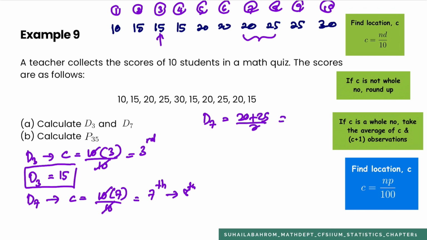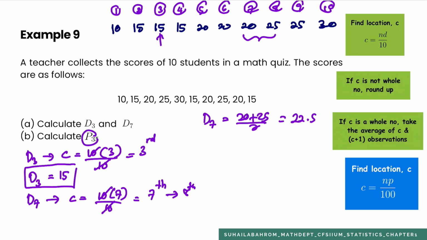So you will get decile 7 equals 22.5. So this is the value for decile 7.